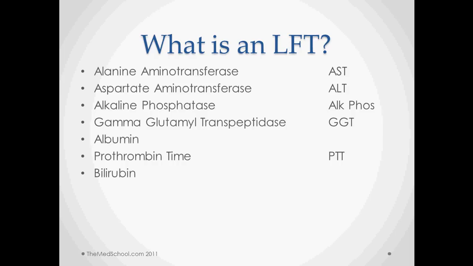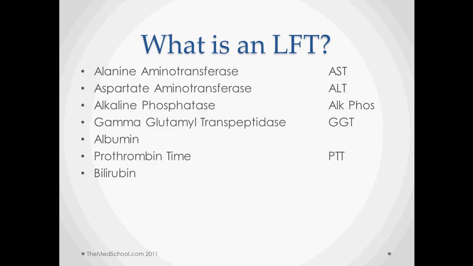Liver function test is a little bit of a misnomer, considering that some of these don't really show whether or not the liver is working. AST and ALT are enzymes that are found in the liver, but they are not necessarily a measure of the liver's function.